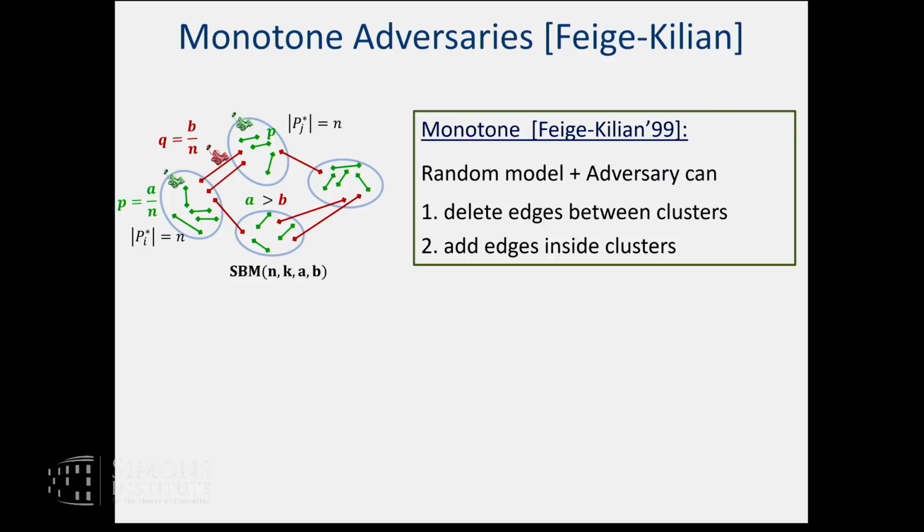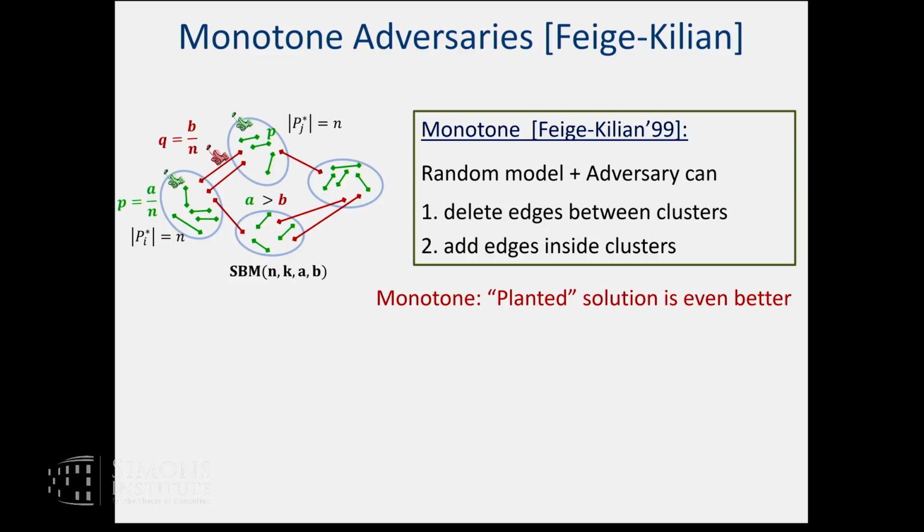These are only monotone changes, because deleting edges between clusters or adding edges inside clusters only makes your planted solution even better. So this is called a monotone adversary, and the question is whether these algorithms for learning stochastic block models still work in the presence of a monotone adversary.